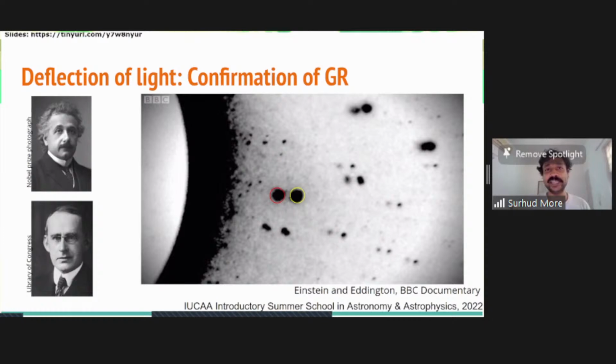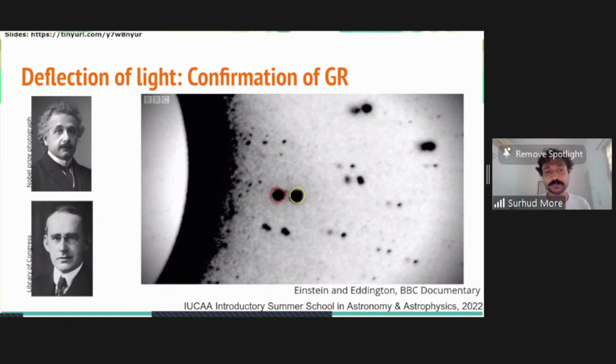So this gave a big boost to Einstein's general theory of relativity because it had already predicted what this deflection angle should be, and those deflection angles were indeed observed. If you do this particular calculation in Newton's theory of gravity, then the deflection that you see is actually half of the prediction from relativity. And so these experiments again established relativity as the true theory of gravity.